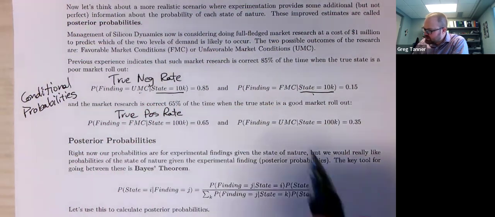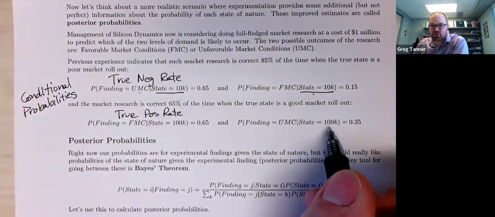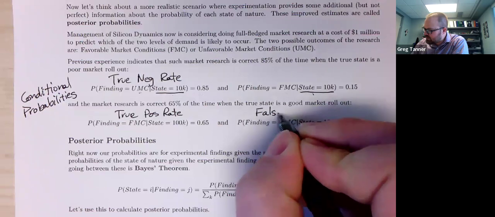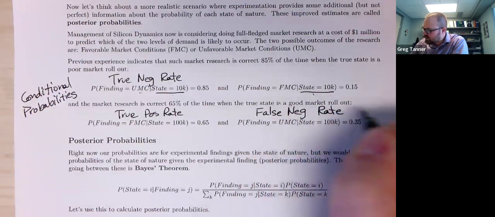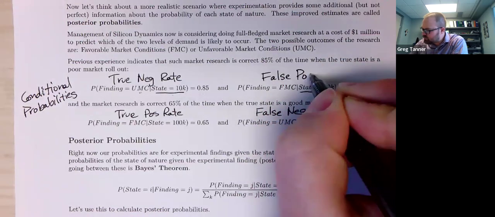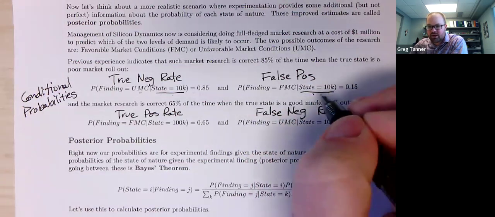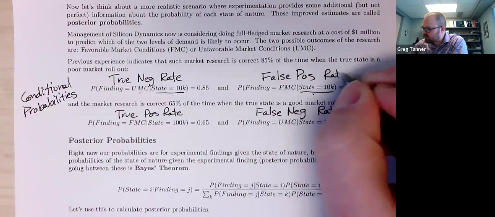Okay, so this one we're predicting a negative outcome, but it's actually a positive outcome. This would be what we call a false negative rate, and this one would be a false positive, where we're predicting a positive, favorable outcome, but really it's not. And so this would be our false positive rate.